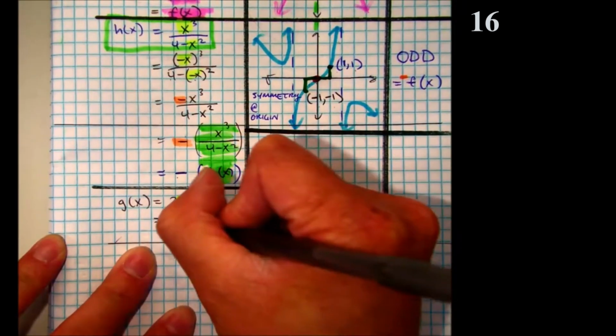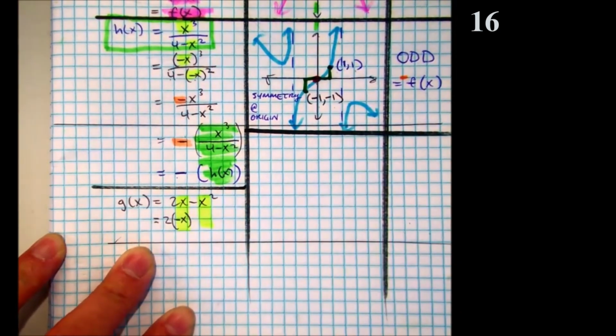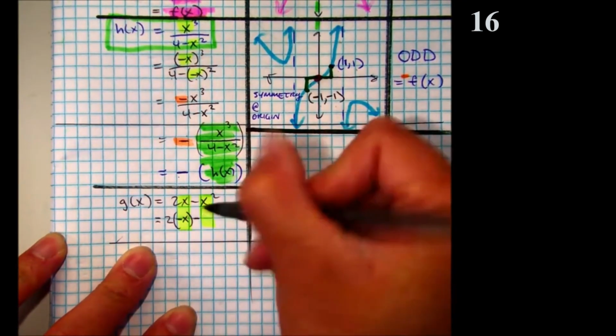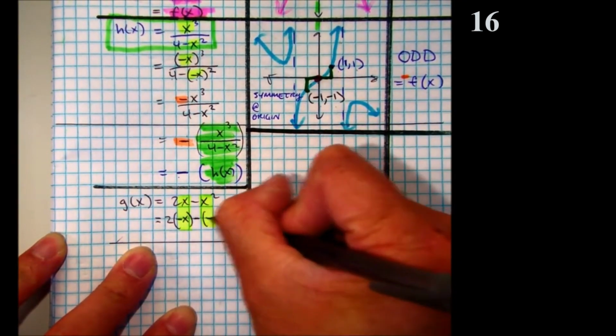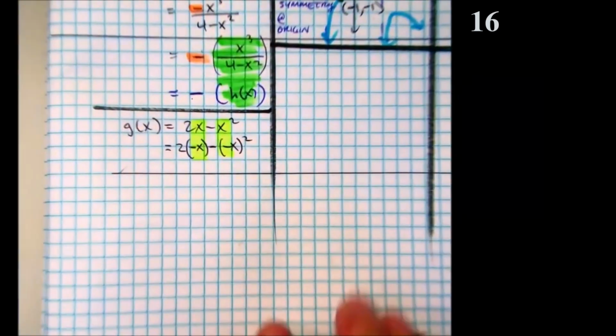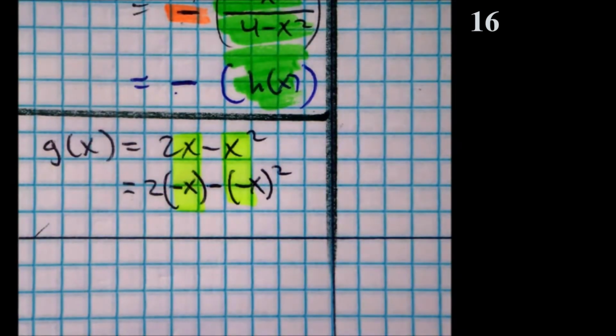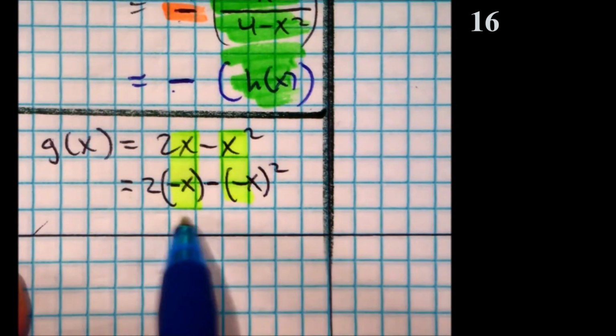2 times negative x in parentheses, minus parentheses negative x squared. Go ahead and simplify that for us, Andy G. Simplify.